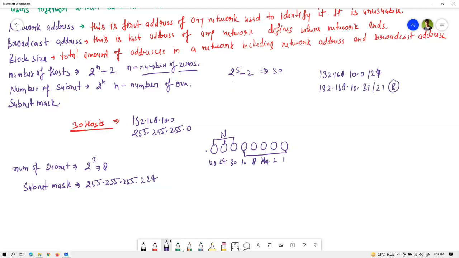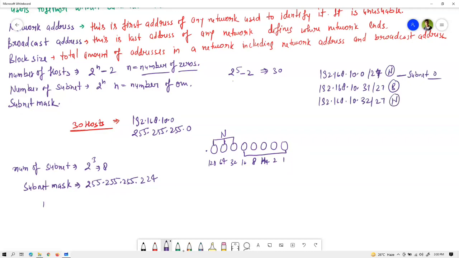This is the broadcast ID, this is the network ID. This is subnet 0. Then you will define subnet 1. Subnet 1 will be 192.168.10.32 slash 27. This is the network ID.